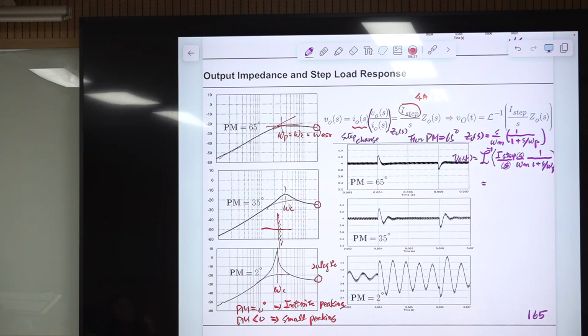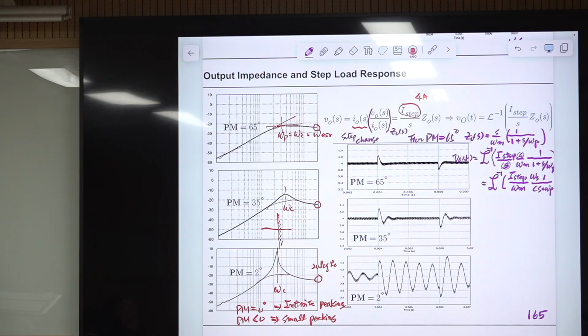Then this one is simplified. I step divided by omega m, and omega p is coming in the second stair, and this becomes 1 over S plus omega p.